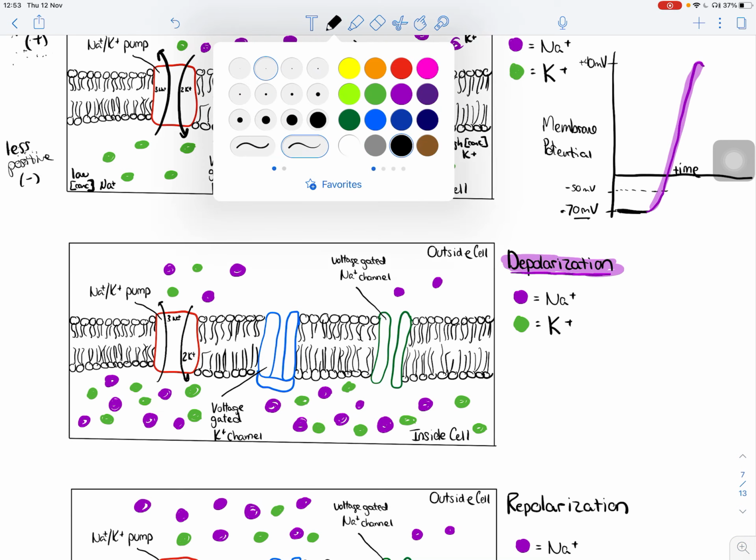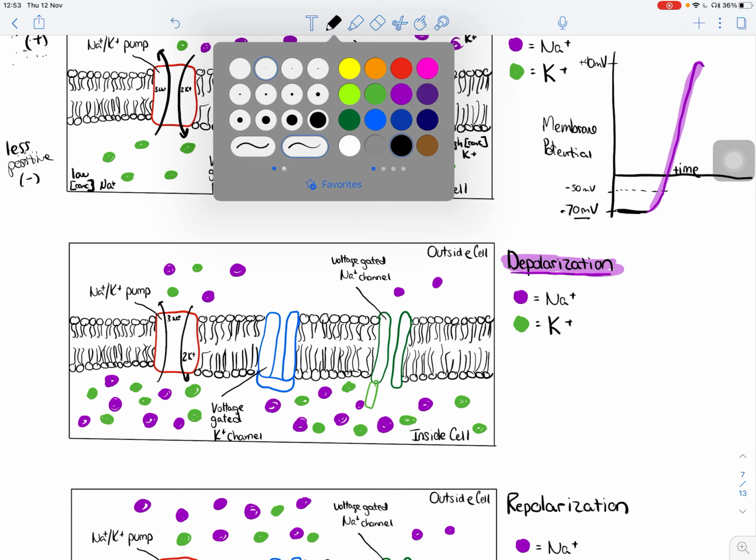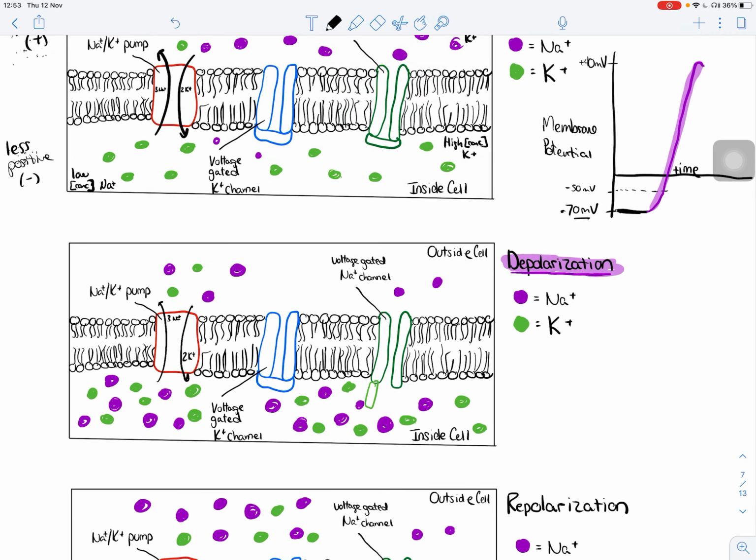It pops open, and sodium can now enter the cell. So the inside becomes more positive, and the outside becomes less positive. Or you can look at this as this becomes negative, this becomes positive.